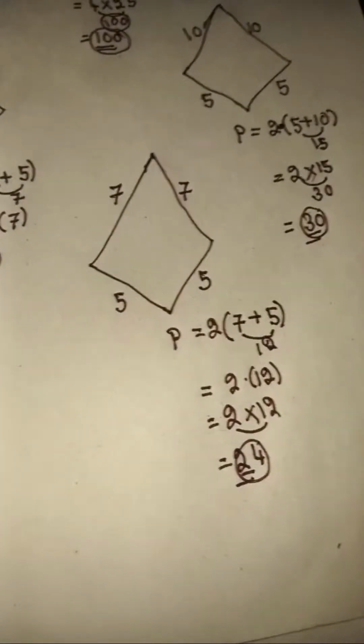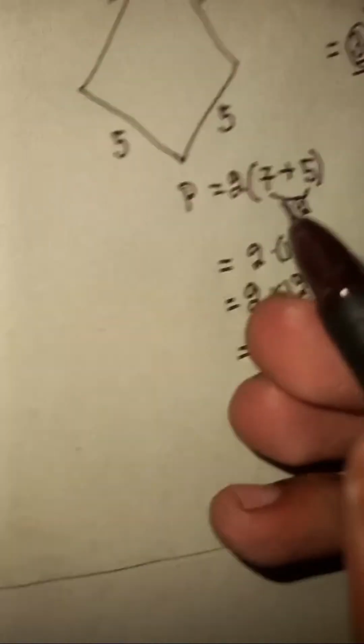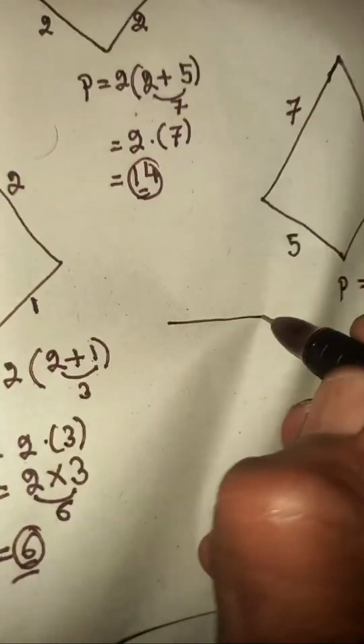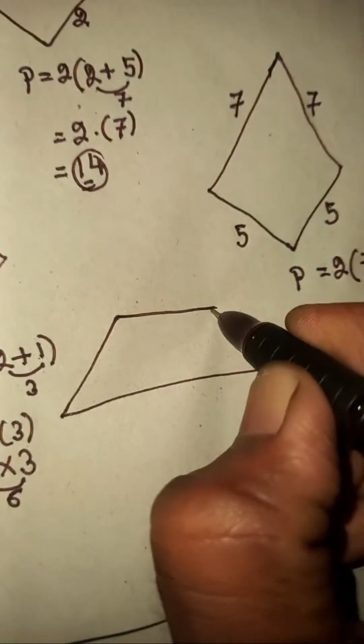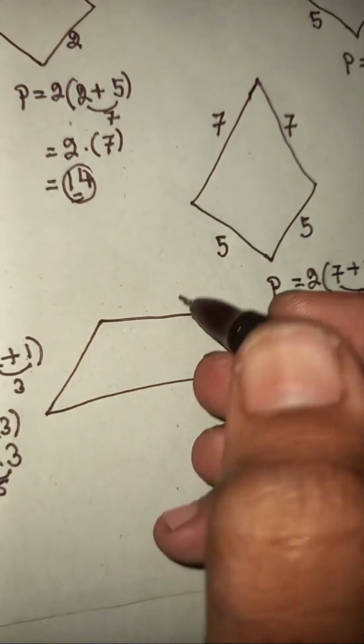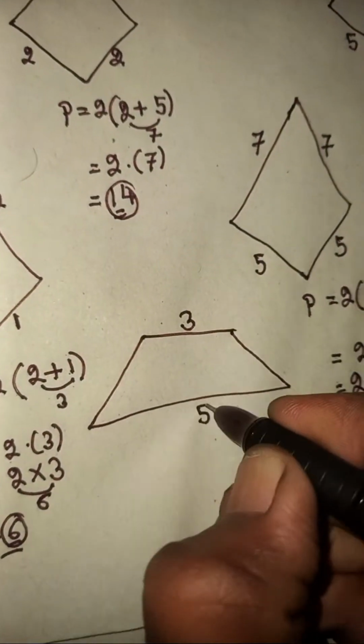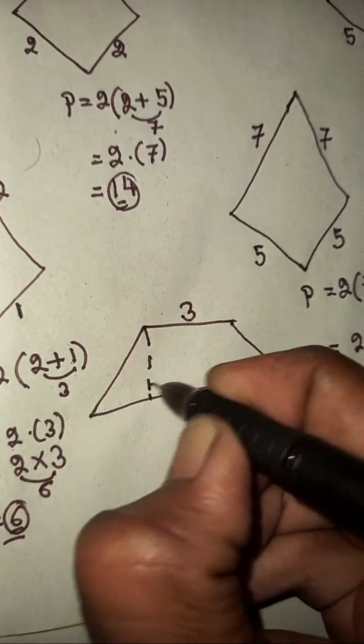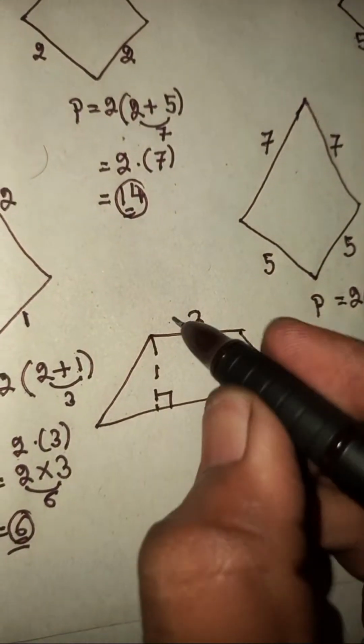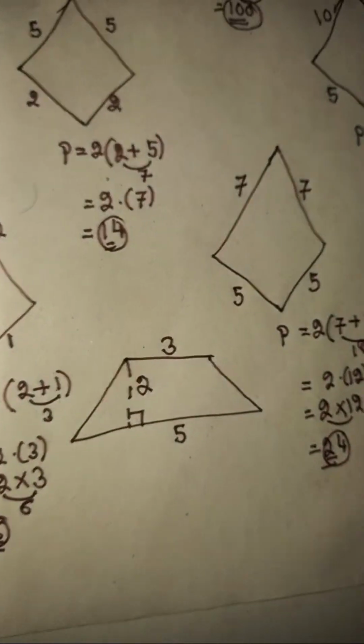I'll tell the formula of one more beautiful shape in the next session. This beautiful shape is known as the trapezium. To find the area of this trapezium, they give this one side and another side as 5 units, and this is known as the perpendicular height, which they give us as 2 units.